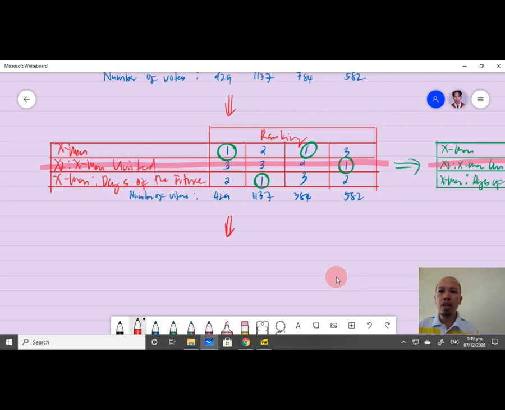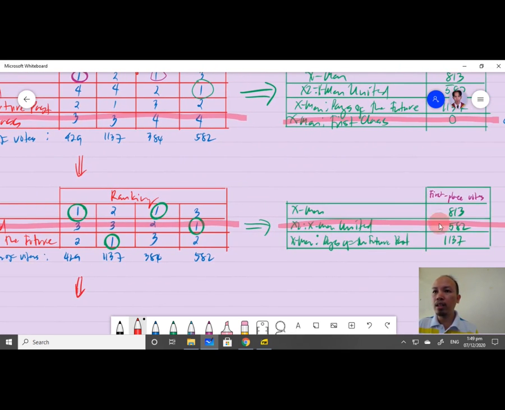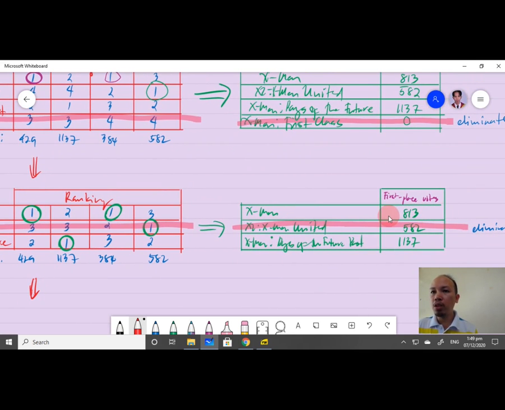Before I write the last table, the question here is, what if there is a tie? If there is a tie, all you have to do is eliminate those two. And the winner is, for example, if this is 582, the winner is X-Men Days of the Future.